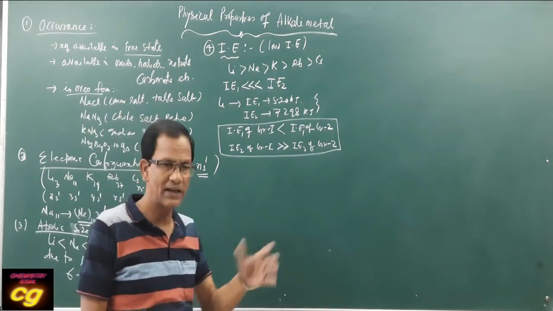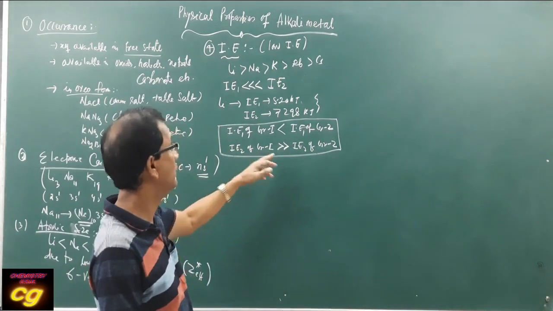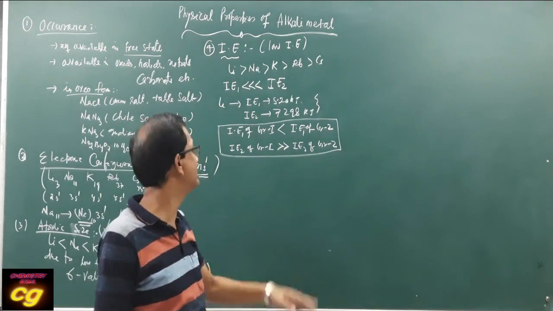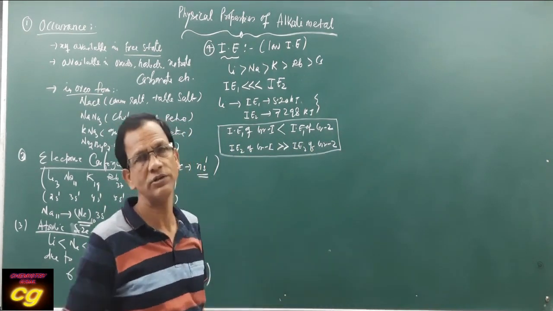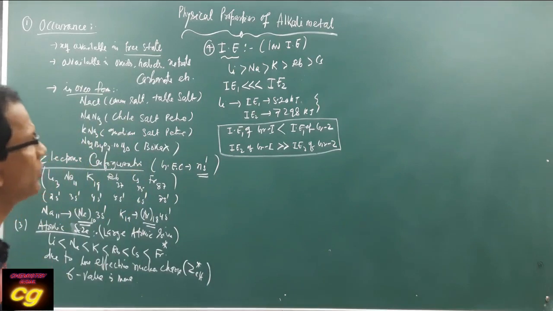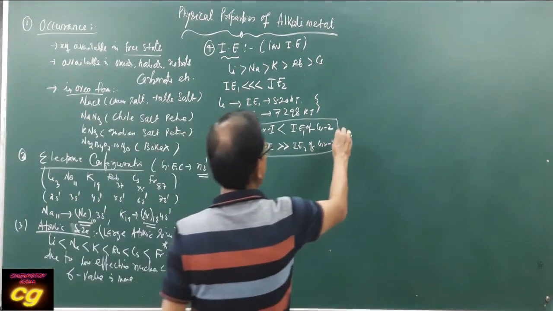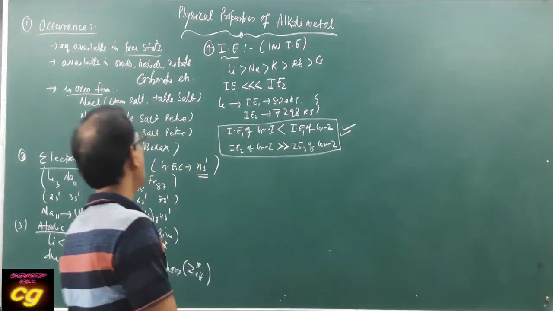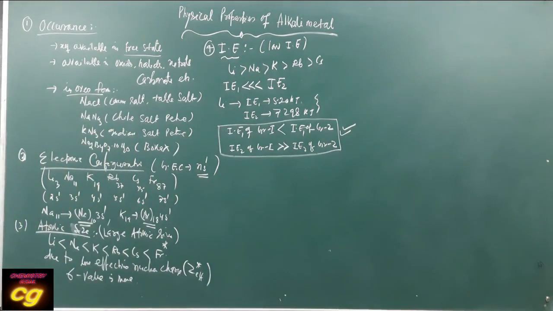That's why the second ionization energy of group 2 elements is less than that of group 1. Very important, you have to remember this comparison. Okay, this is regarding ionization energy.